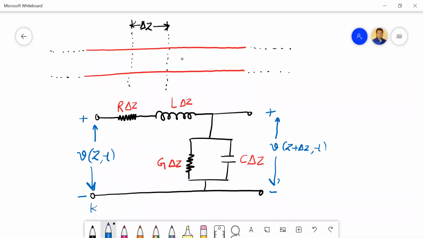Because we have taken here a differential length of transmission line, which is delta Z. What is V? V is the instantaneous voltage, and these parameters are here ohm per meter, Siemens per meter.